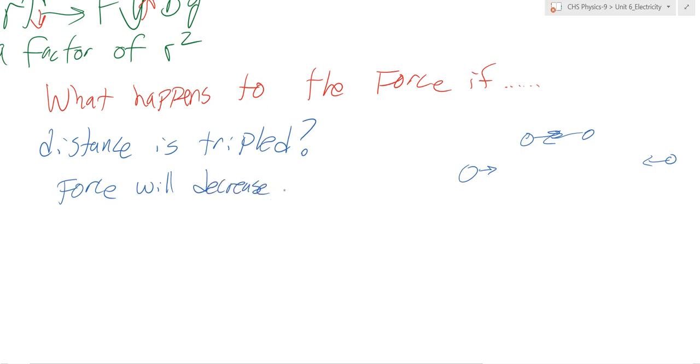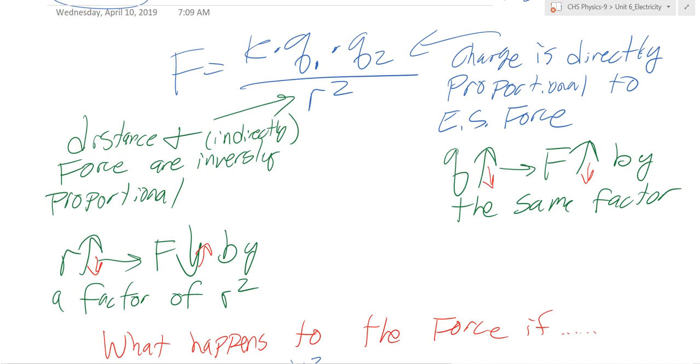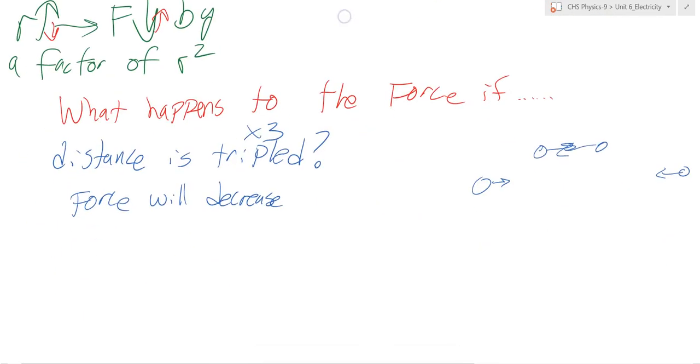It's going to decrease, but so if the distance is tripled, that's like multiplying by 3. The force will decrease not by a factor of 3, but by a factor of 3 squared. So we know that it's going to be 3 squared, which would be 9 times.